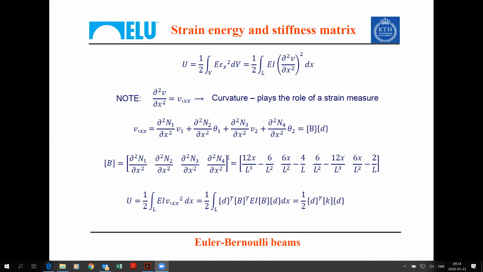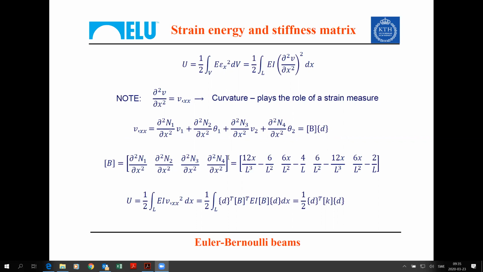We can also write this in a matrix form, and we now have the matrix B, the strain displacement matrix, times the displacement at the nodes, v1, theta 1, v2, theta 2, whose product will give us the curvature at any point within the beam. The matrix B is very easy to compute. We have N1, N2, N3, N4 as third degree polynomials.